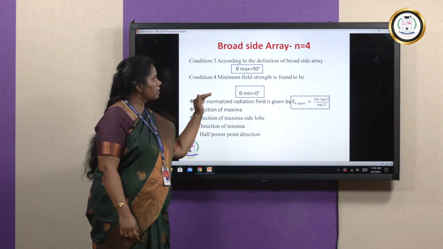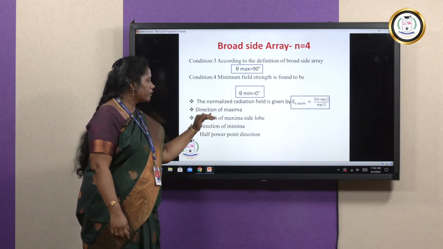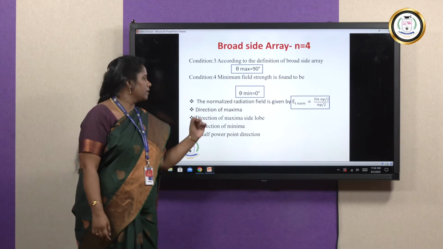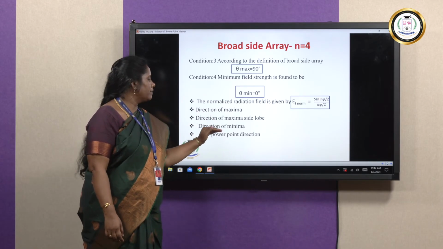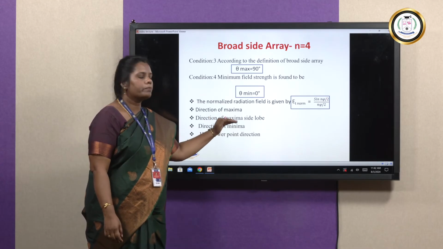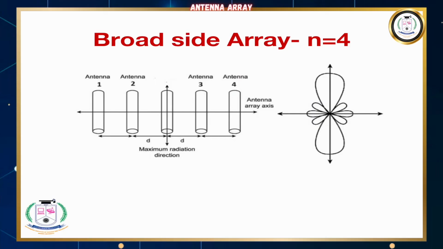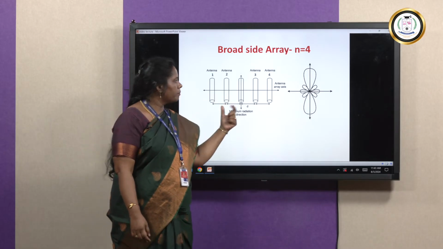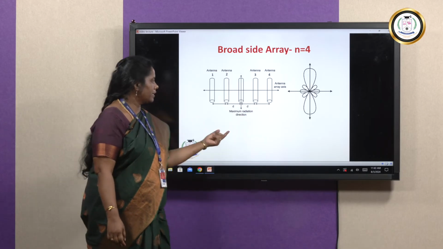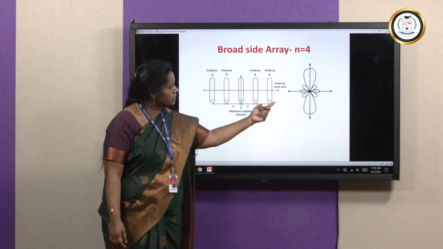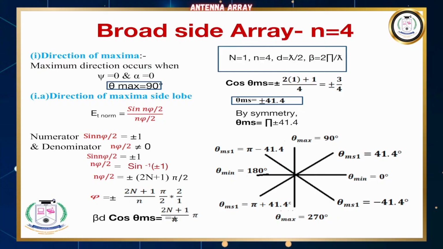Same as broadside array n equal to 2, we are going to find the direction of maxima, direction of minima, half power point direction, added with maximum side lobe information also. So this is the broadside array n equal to 4-point sources. 4 antennas are excited simultaneously. So the number of point sources have been increased, so side lobes have been increased.